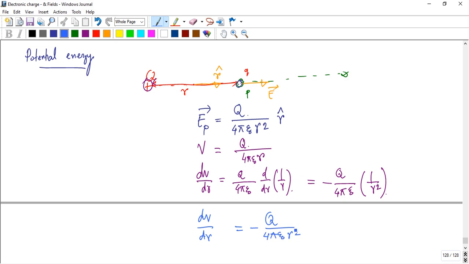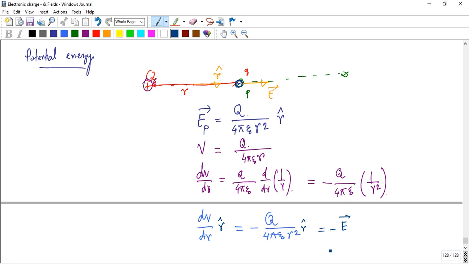Now if I multiply by r cap on both sides, left side and right side, this right side looks like the electric field at point P. Okay, so the difference is that there is a plus, there is a minus. So we get minus E vector.